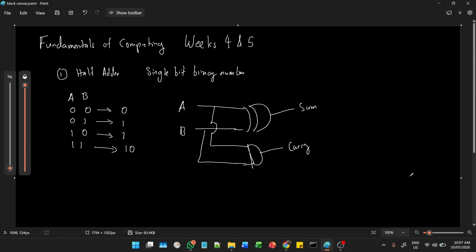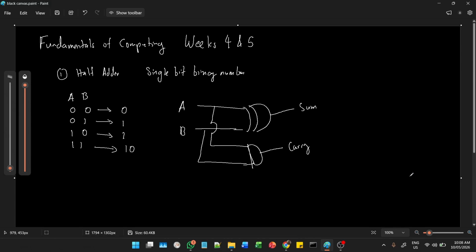I believe when you look at this, you should be able to visualize this, but let me explain. When you have a 0 and 0, you're going to get a 0 here, right? When you have a 1 and 1, you're going to get a 0 here, but you'll get a 1 here. Any 1 and 0, you will get a 1 here. So it essentially acts as a singular adder, right?